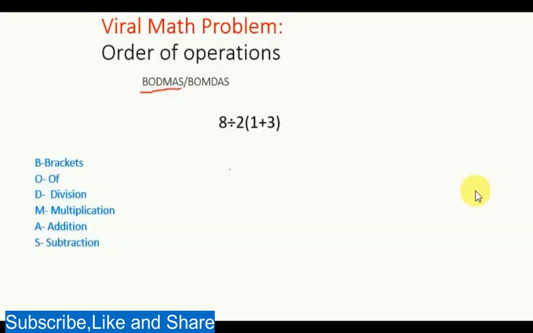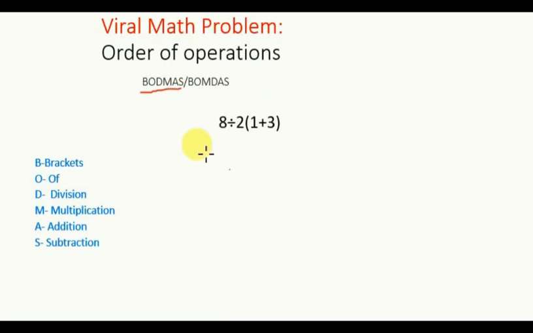Alright, I'm going to use BODMAS to solve this problem. So here we have 8 divided by 2, in bracket we have 1 plus 3. Since we should work out what is in the bracket first, I am just going to rewrite 8 divided by 2. In bracket we have 1 plus 3 is 4.